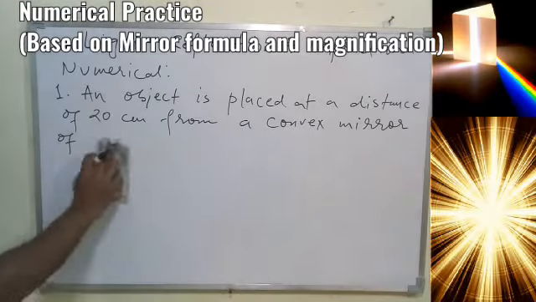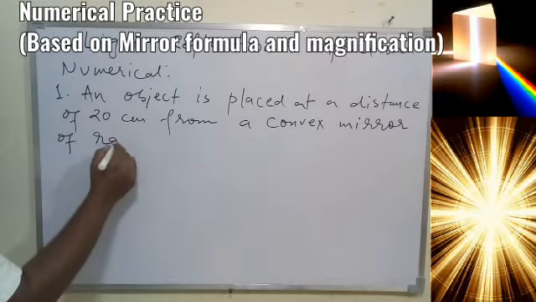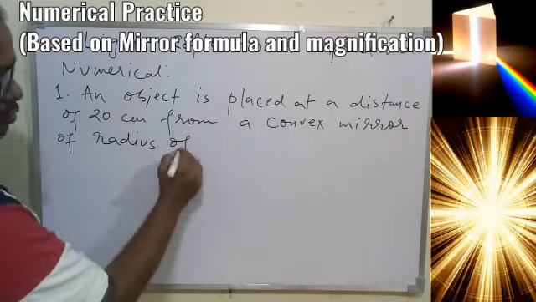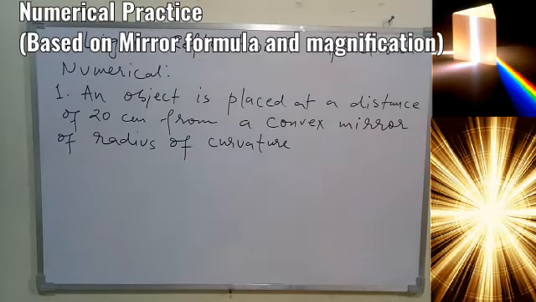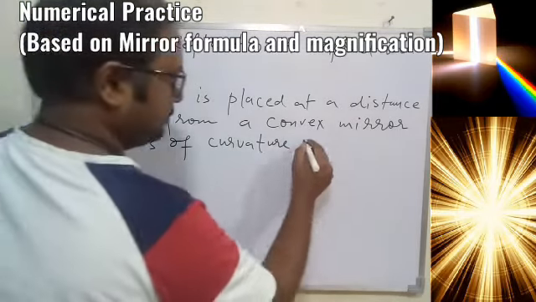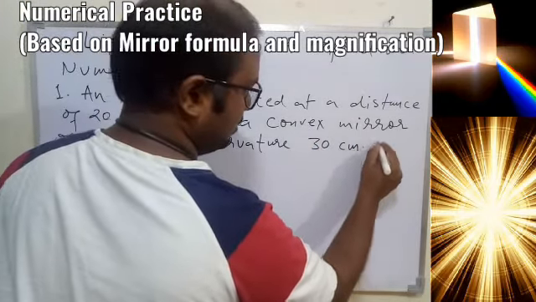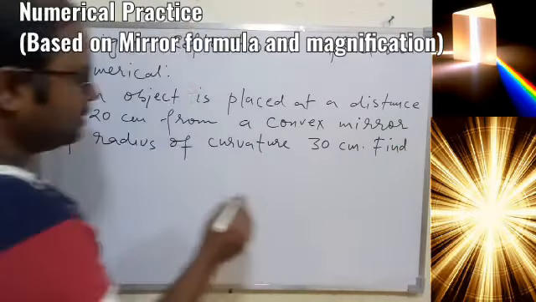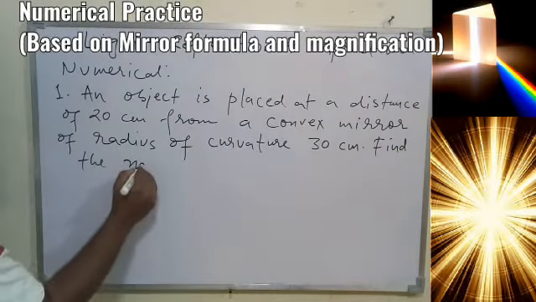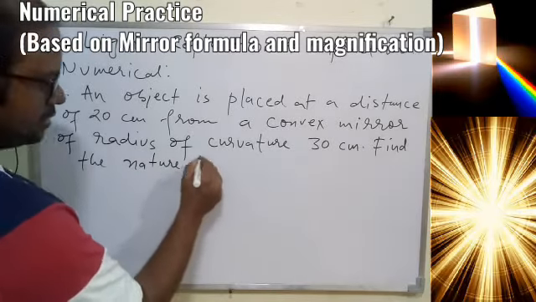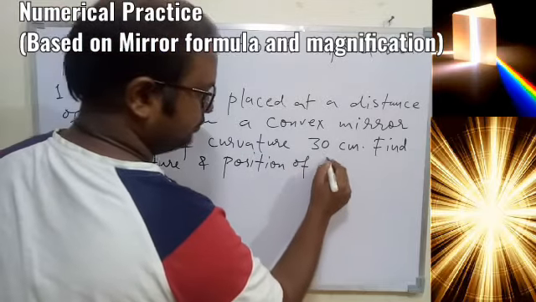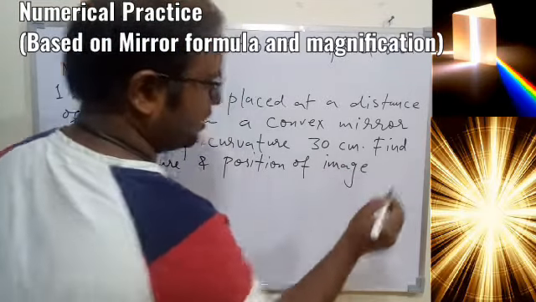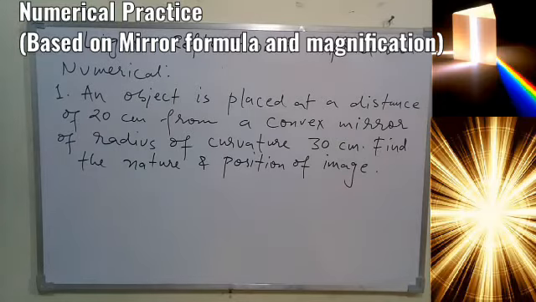So this time radius of curvature is given. Radius of curvature, that is how much? 30 centimeter. So find the nature and position of image.